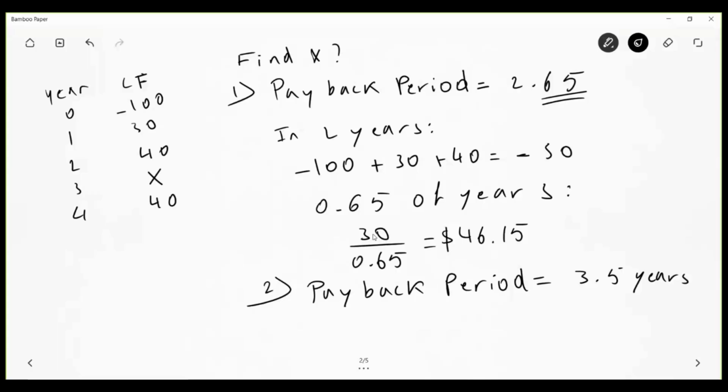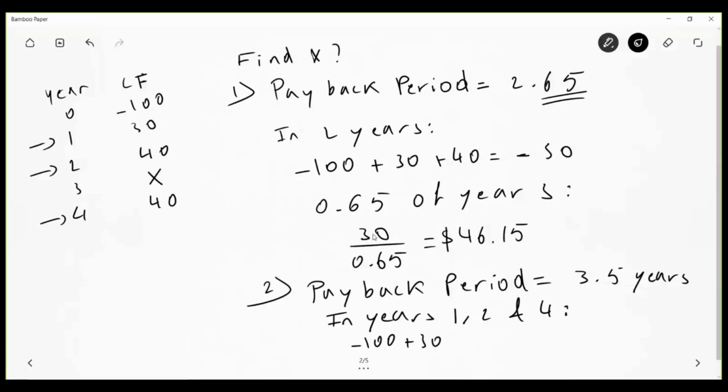So in this case, in years 1, 2, and 4, let's see how much I will recover in those years, year 1, year 2, and year 4. Now remember, for year 1, I'm recovering the full $30 of year 1. The same applies for year 2.